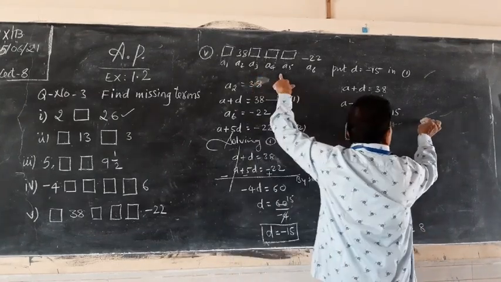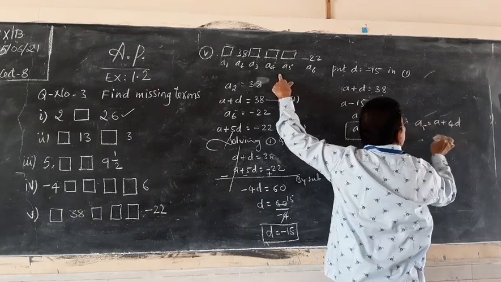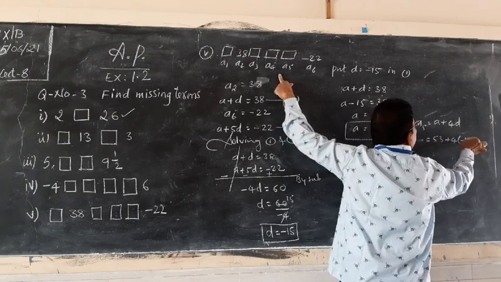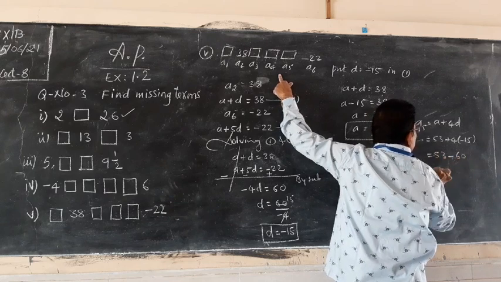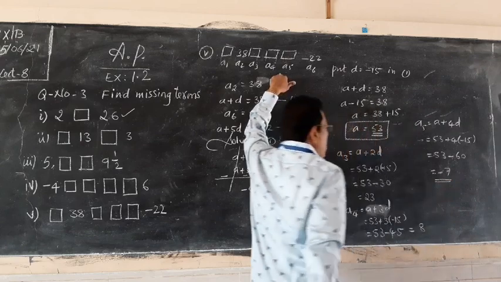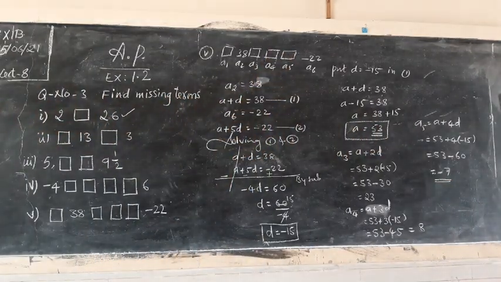Then we need a plus 4d, which equals 53 plus 4 into minus 15, 53 minus 60, that equals minus 7. Yes, all terms we got. So write down all these things.